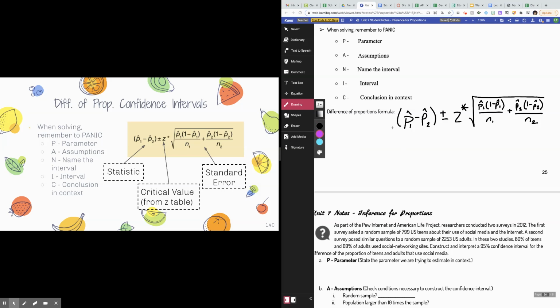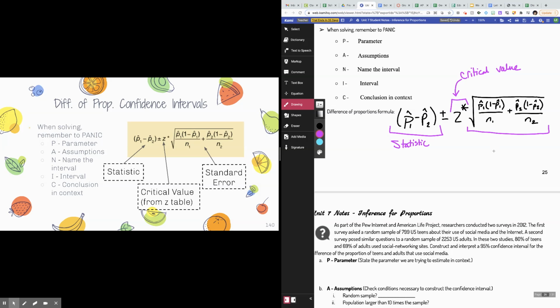Just as a reminder, this right here is your statistic. This z star is your critical value, which remember you get from the z table. That critical value is the z value that corresponds to the middle, like 95% for example, of a normal distribution, or the middle 90%, whatever your confidence level is.